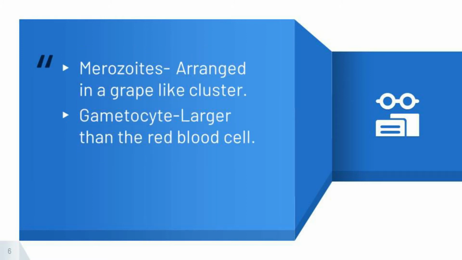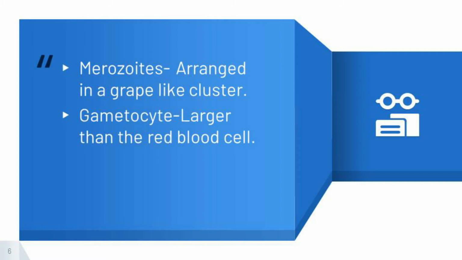And also its merozoites are arranged in a grape-like cluster. It forms 18 to 24 or more, and its gametocyte is banana-shaped. It is larger than the red blood cell.